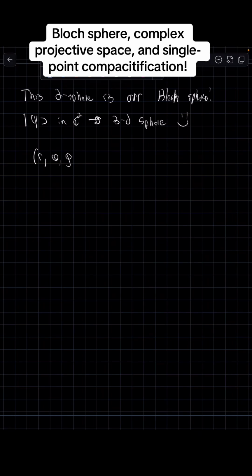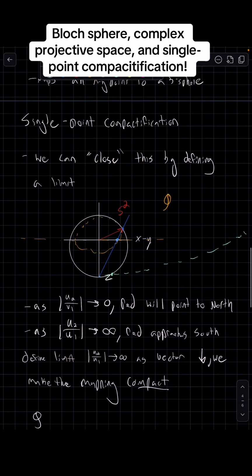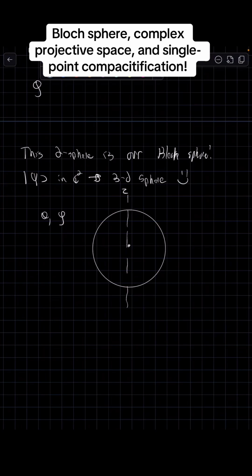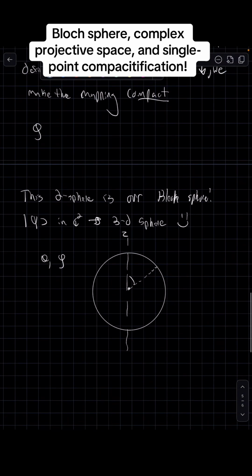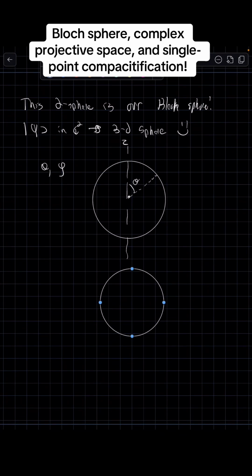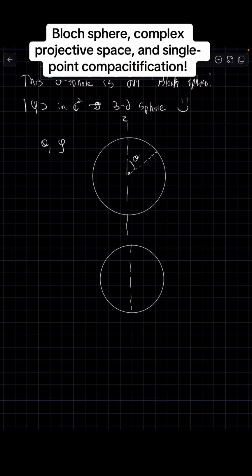So if we go from R to theta phi, on a unit sphere, if this is the z, then this, at least for physicists, is theta, and then this in the xy plane is phi.